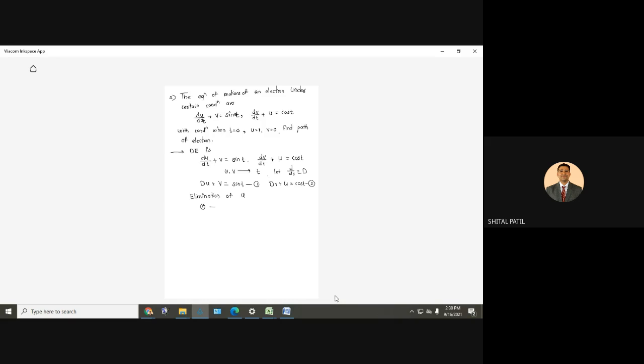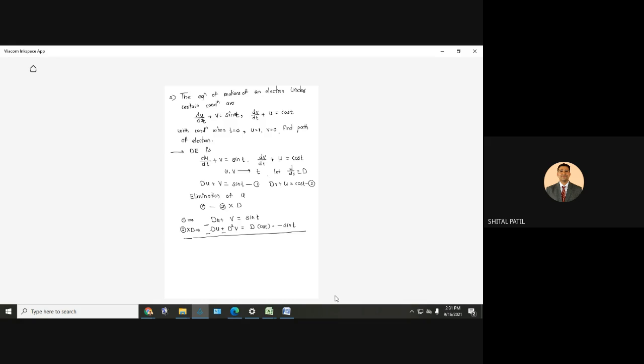Equation number 1 as it is. Equation number 2 into D. So 1 as it is. Equation number 2 into D. Subtract them.